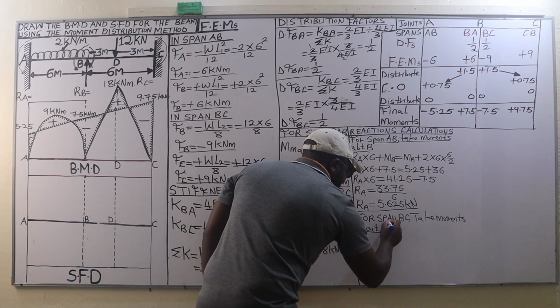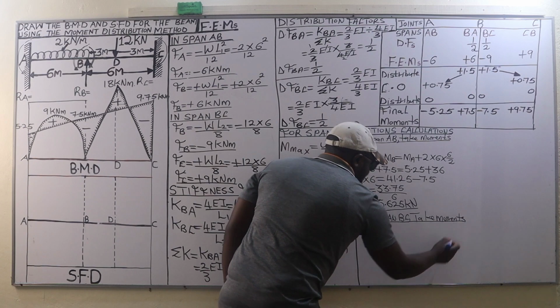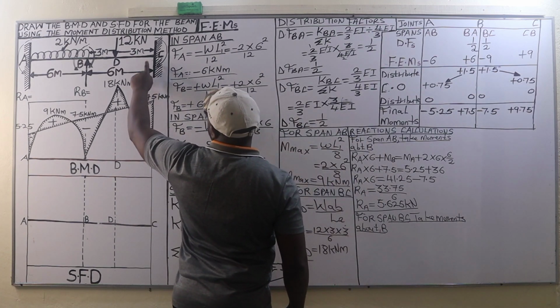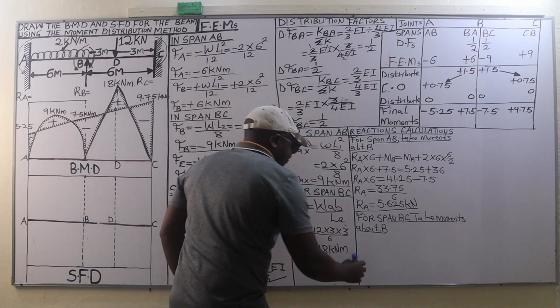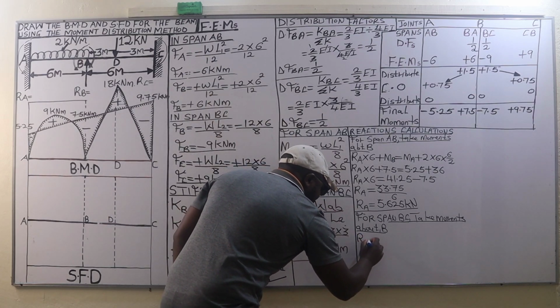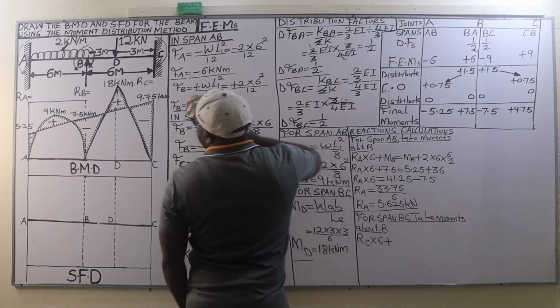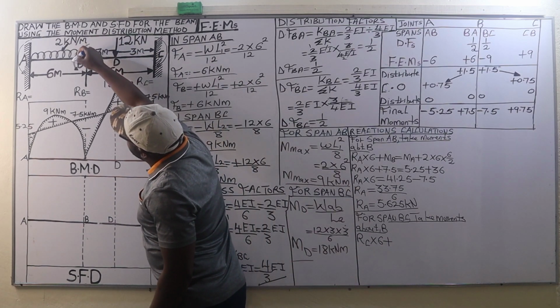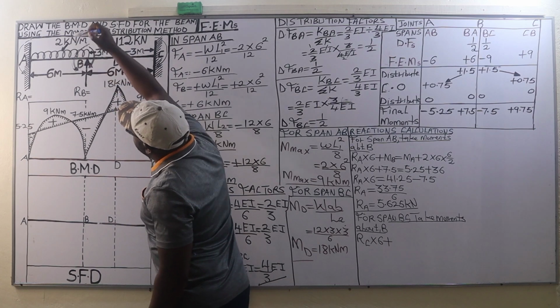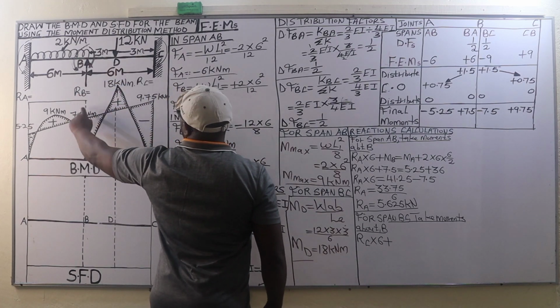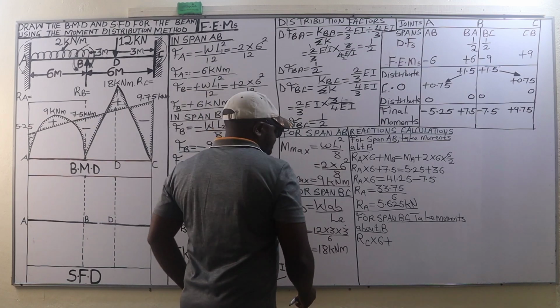And when we take moments about B, we are going to have this anti-clockwise moment of RC times the distance from C to B, which is 6 meters. So that is going to be RC times 6 plus the anti-clockwise moment at B of 7.5 kilonewton meters.